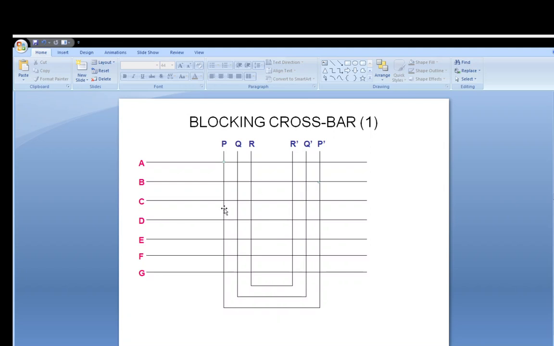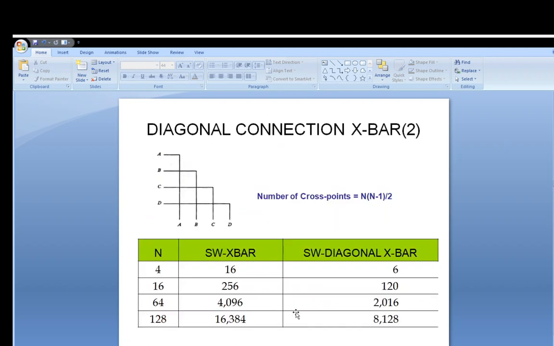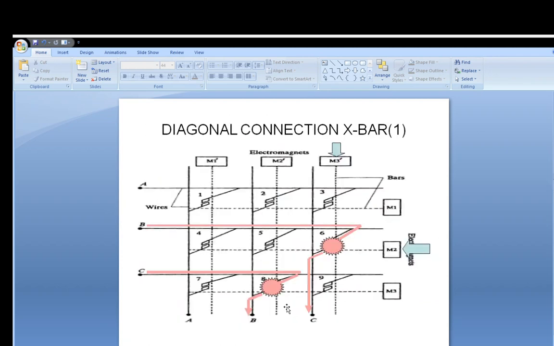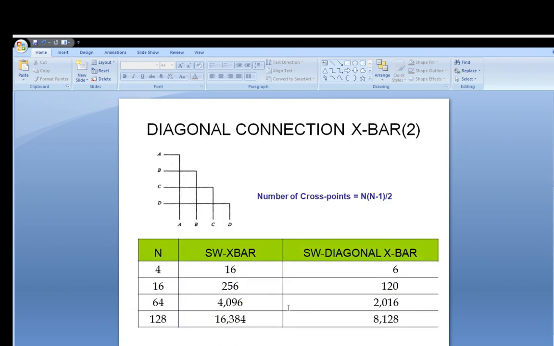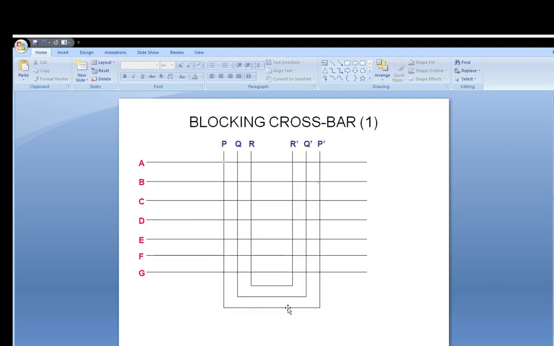As we have seen in the last slide, out of n square switches, only n by 2 switches are used to set up the call. This is very poor utilization of the switching system. To improve this, the community decided to try for blocking crossbar.